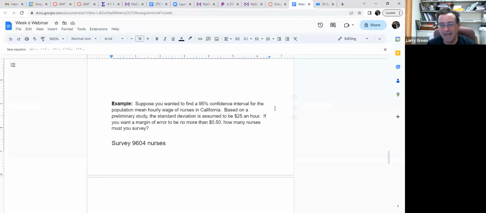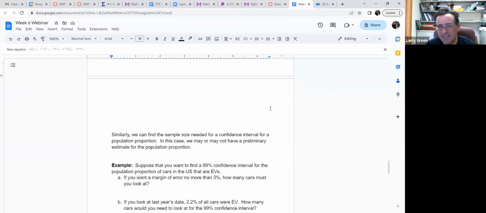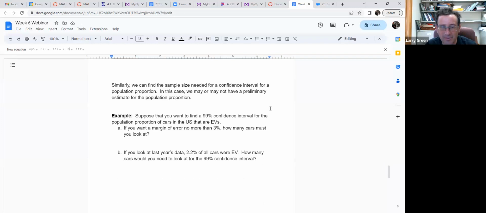All right, so then the last little piece is, what if you want to find a confidence interval, instead of for a mean, for a proportion? Okay. So I have some examples. Let's suppose that you want to find a 99% confidence interval for the population proportion of cars in the United States that are electric vehicles.